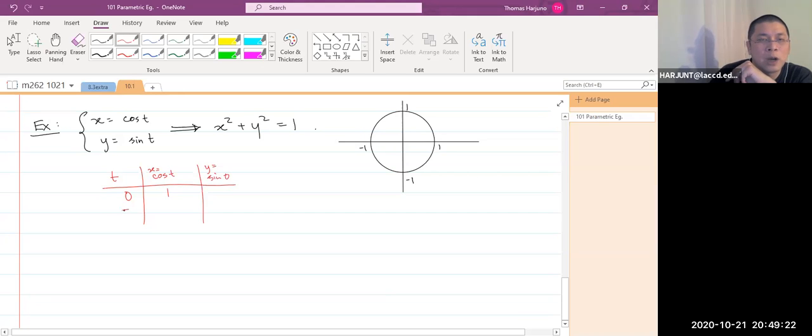When t equals pi over 2, x is 0, y is 1. So when t equals 0, it's here. When t equals pi over 2, it's here. When t equals pi, it's here, and so on and so forth. From here, we see not only the path, we also see the timing, and therefore we see the direction of how the point is actually moving.